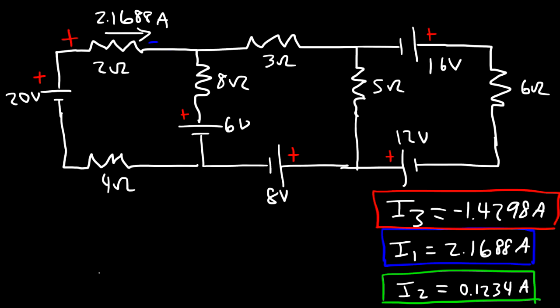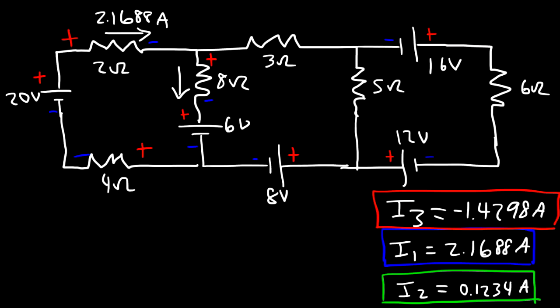Now I2 is flowing through this resistor, and because I2 is positive, we have the right direction, and I2 is 0.1234 amps, which we can write that later. But we know this is the positive terminal of the resistor, and this is going to be the negative terminal of the resistor. Now I1 also flows through the 4 ohm resistor in that direction. So therefore, this side is positive, and this side is negative.